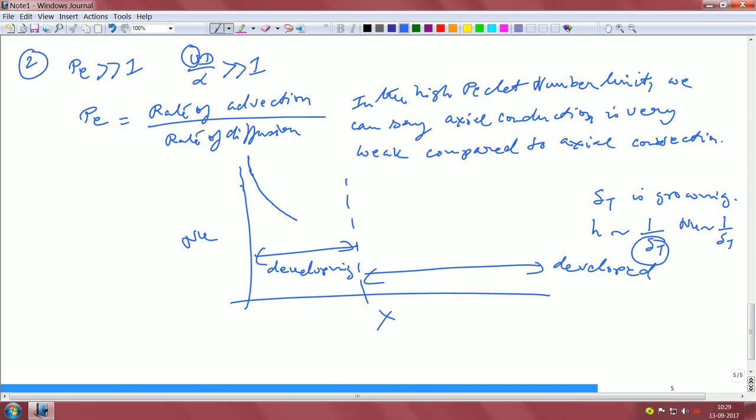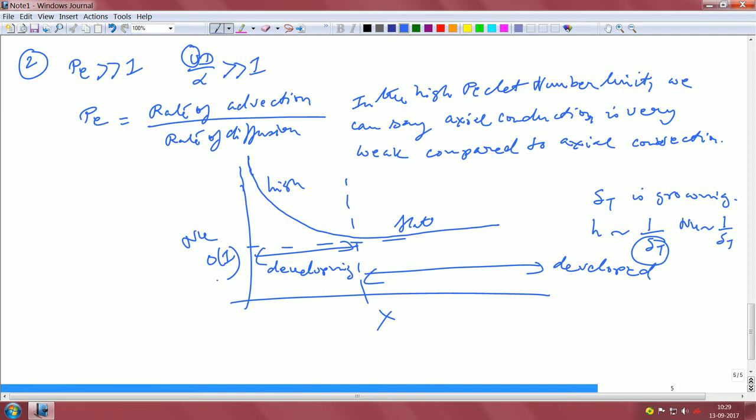In the limit it will become something like this. It is very high here and absolutely flat here, and this value that you get is of the order 1.